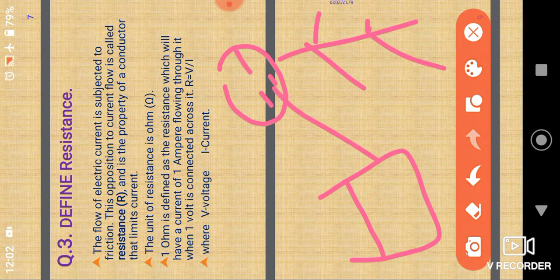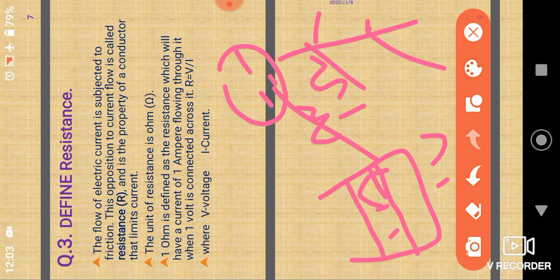How can we say that the resistance connected to the wire is 1 ohm? Suppose if you are applying 1 volt force, and after applying 1 volt force only 1 ampere current is flowing through the wire, then we can say that the resistance of the wire is 1 ohm.